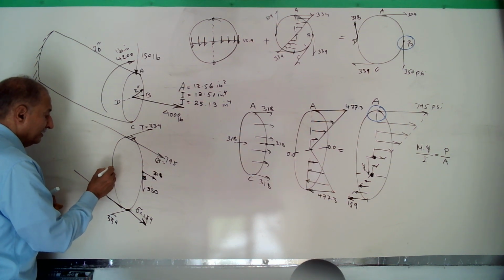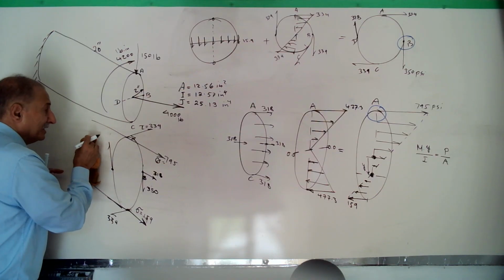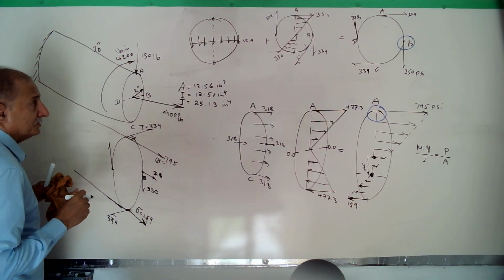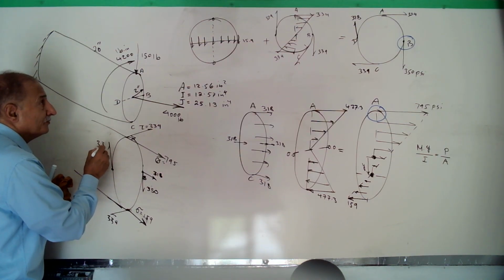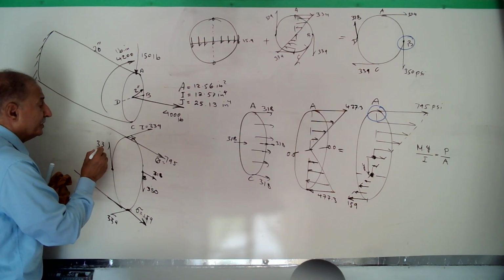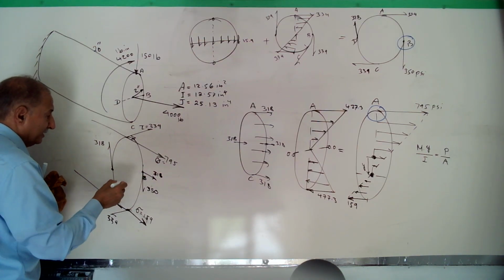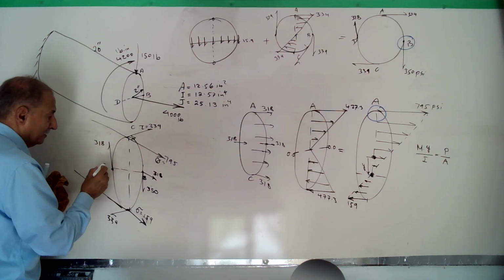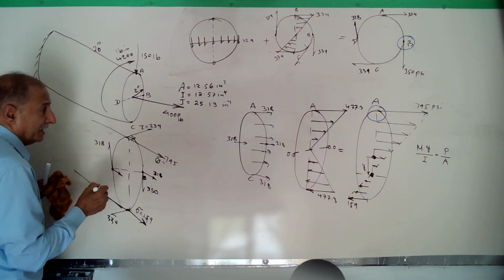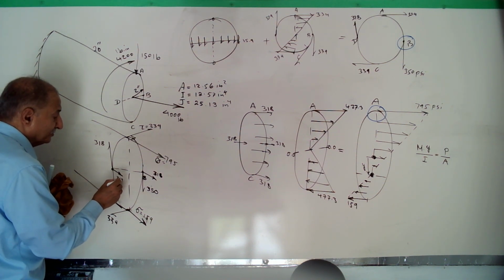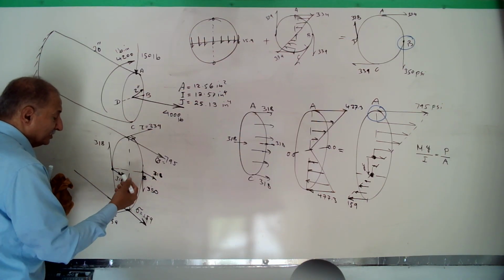At D, torque is 334 minus 50.9. Normal stress at this point is the same as 318, because bending stress at the neutral axis will be zero. That added nothing to this one.